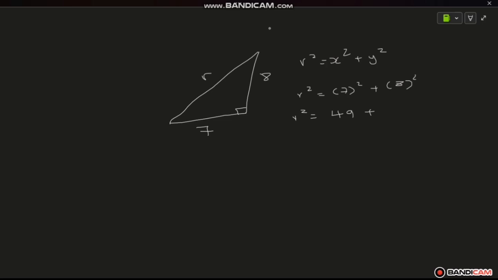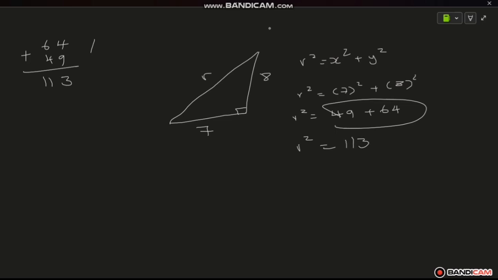49 plus 64, I'm not sure, I don't have my calculator right here. 60, not 61, 64, sorry. R squared equal to, you can actually use your calculator, but I don't have my calculator here. I don't want to give you incorrect numbers, but we'll just do it manually. 49 plus 64, so 9 plus 4 is going to give us 13, carry 1, it will be 113.